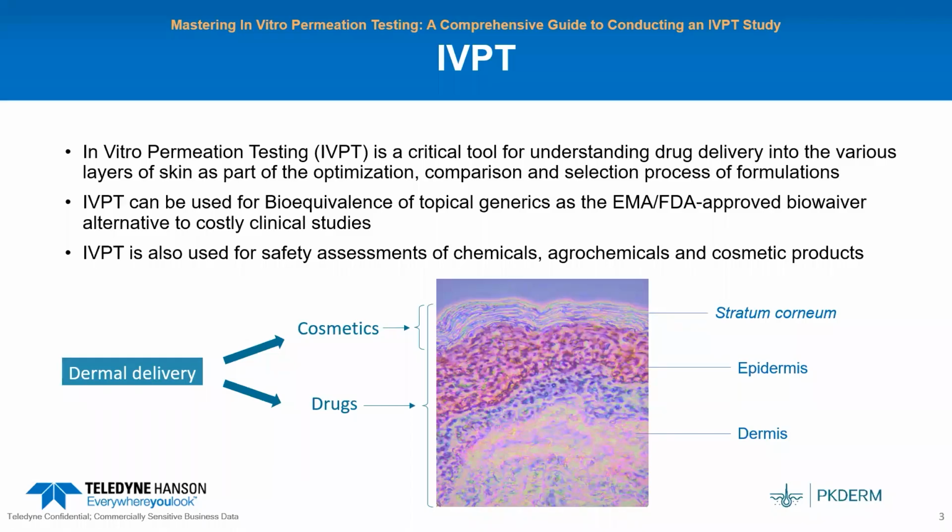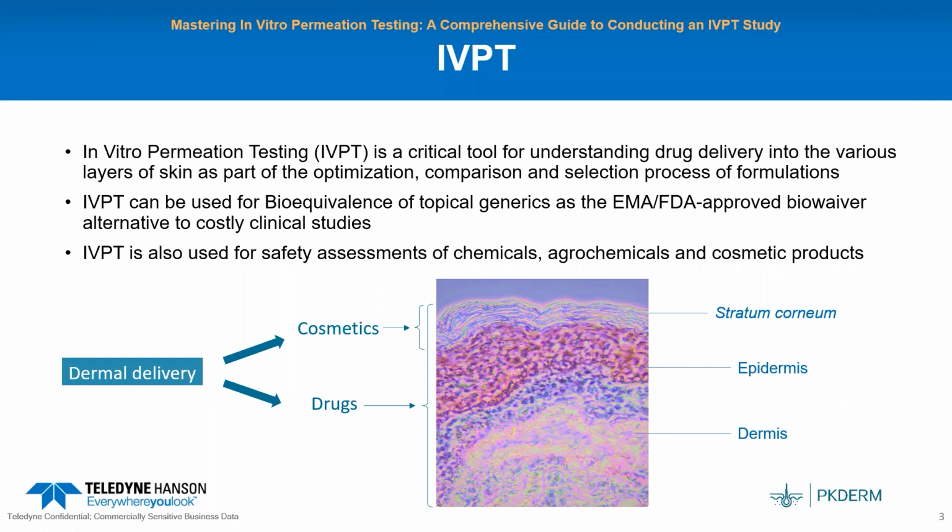IVPT, or in vitro permeation testing, is a critical tool for understanding drug delivery into the various layers of the skin, and it plays an important role in the optimization, comparison, and selection process of drug formulation. IVPT allows to study the permeation of drugs through skin samples in a controlled laboratory setting, and provides insight into how different formulations, delivery systems, and skin types impact drug delivery.